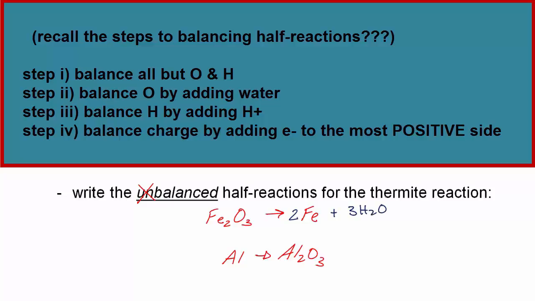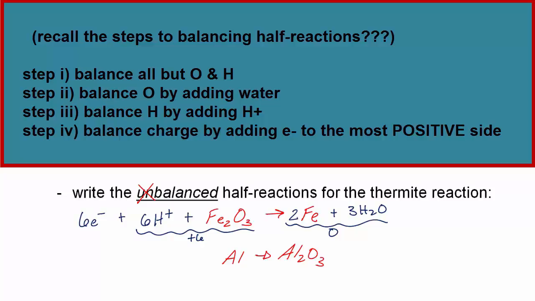Balance the hydrogens by adding H+. 3 times 2 is 6. Now you balance the charge by adding electrons to the most positive side. I have a +6 over here. I have 0 over here. So I have to add 6 electrons to make it the same charge on both sides.